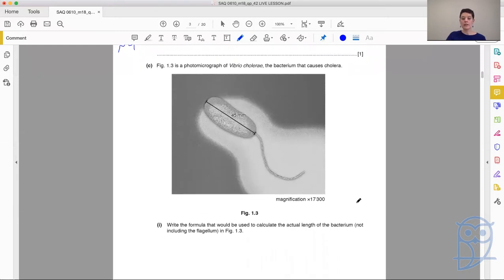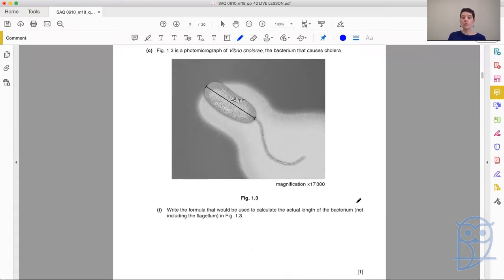They then ask us, write down the formula that would be used to calculate the actual length of the bacterium, not including the flagellum, in figure 1.3. They're being a little bit sneaky because usually they ask you to calculate, but they're not. They're just asking you for the formula.